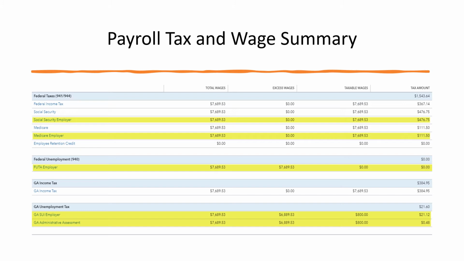Your total payroll tax expense listed on your income statement would be $609.85. All of these are highlighted. This is the employer's out-of-pocket cost for payroll. All of the non-highlighted items are deducted from the employee's pay and are not expenses to the business.